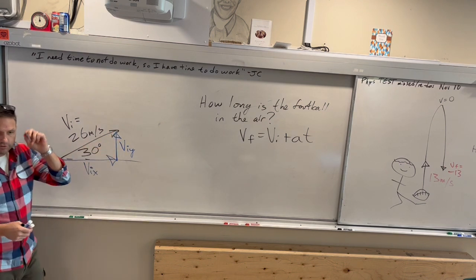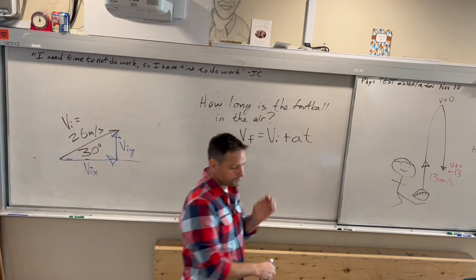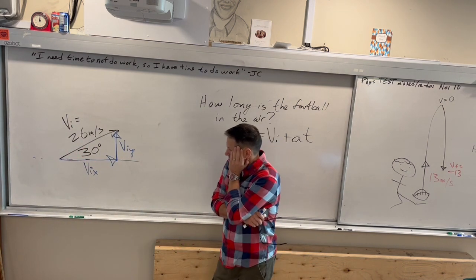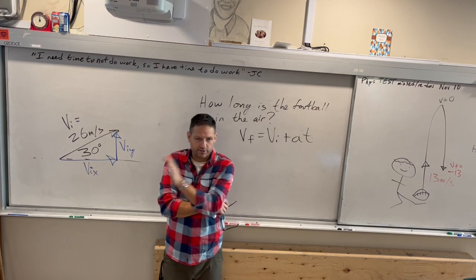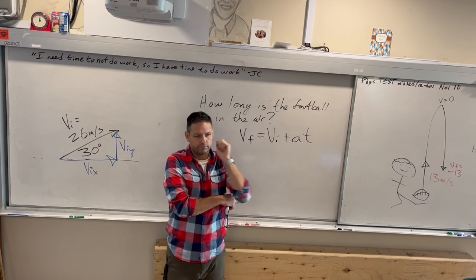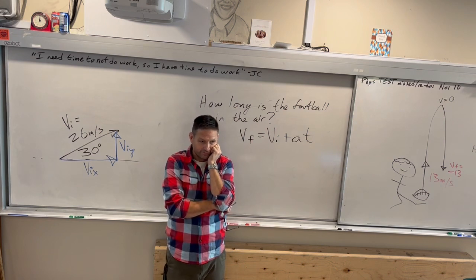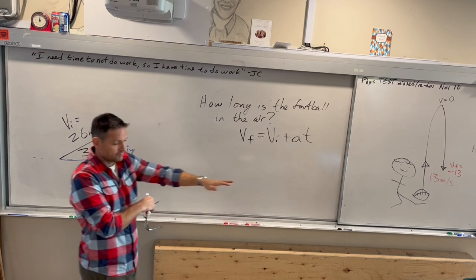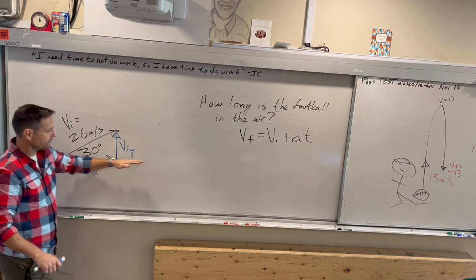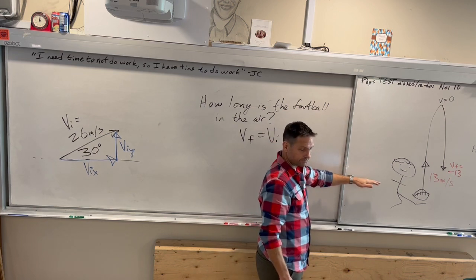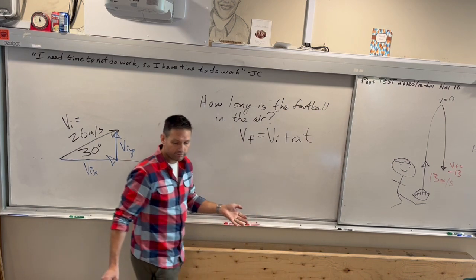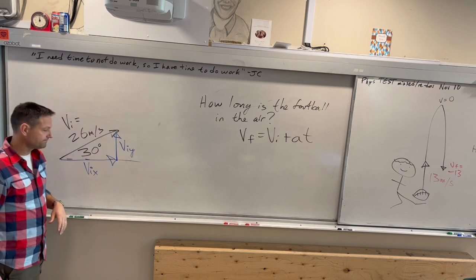So we can figure these out with trig, but just before we figure it out, what's going to happen to VIX as the ball moves through the air? It's constant. Good. VIX does not change. So the horizontal velocity all the way through is just gonna go constant velocity. We're gonna negate air resistance. We're not worried about that.